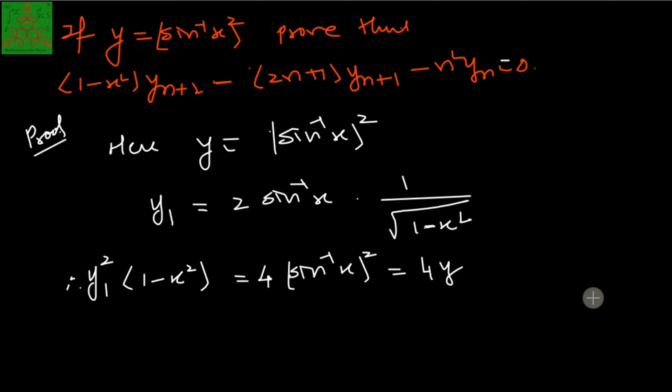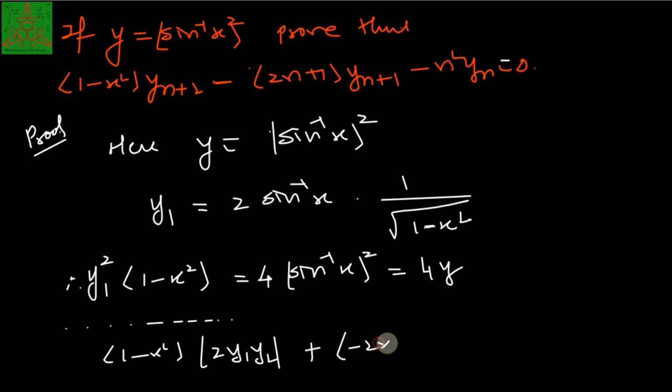Now if I take the derivative, and I am not writing all the details here, so you just write down the differentiating both sides with respect to x. You will have 1 minus x square as it is, the derivative of y1 is 2y1 y2, plus, on the other side, the derivative of 1 minus x square is minus 2x, and the y1 square as it is. On the other side we have 4y, so the derivative is 4y1.